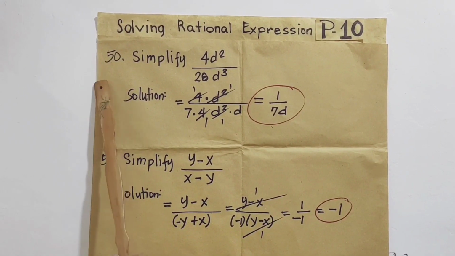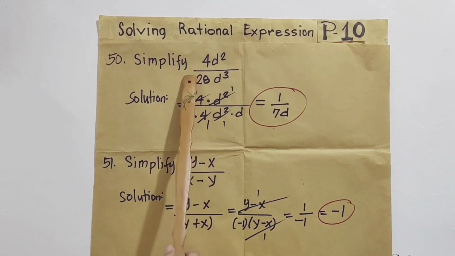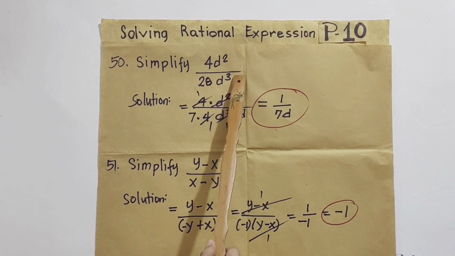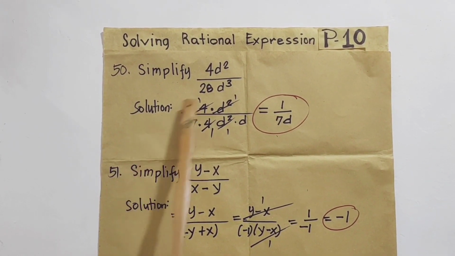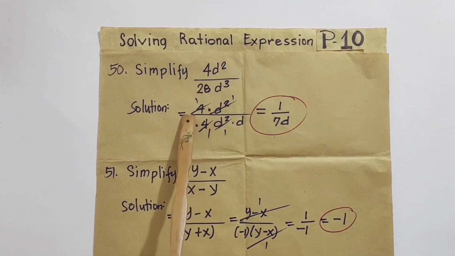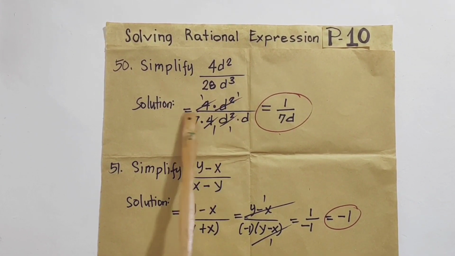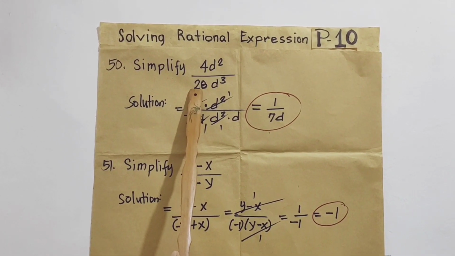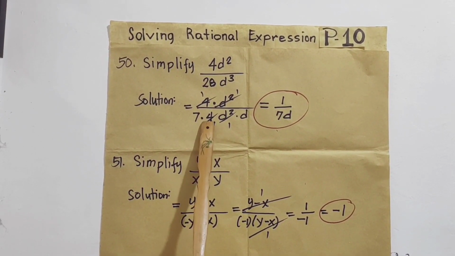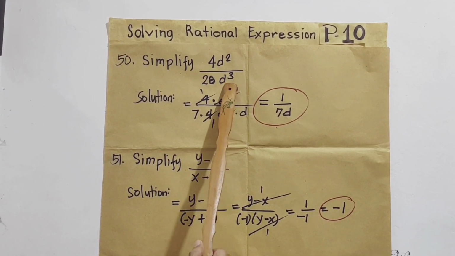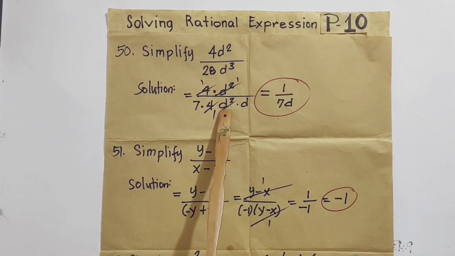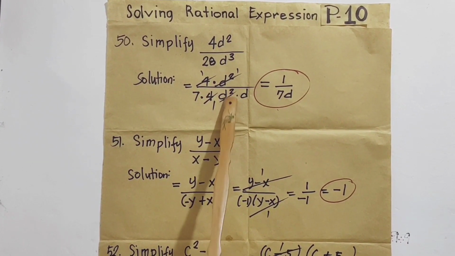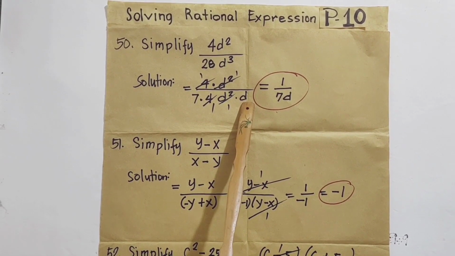Guys, we are now in number 50, simplify 4b squared over 28d cubed. Our solution, we're going to factor the numerator, 4 times b squared, over, we have to factor the 28, and the factors of 28 are 7 times 4, then the factors of d cubed, we will have d squared and 1d.